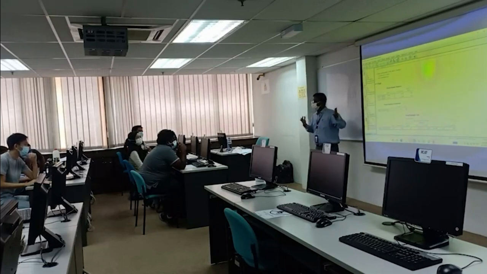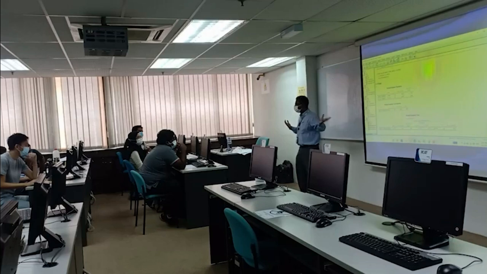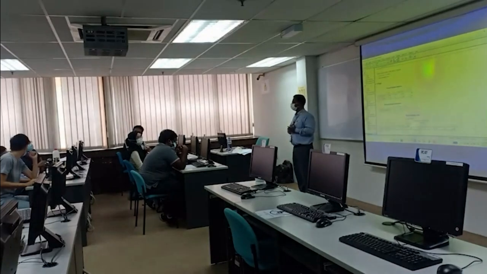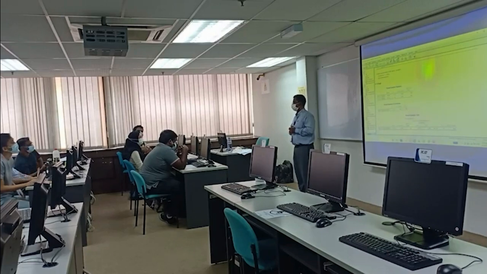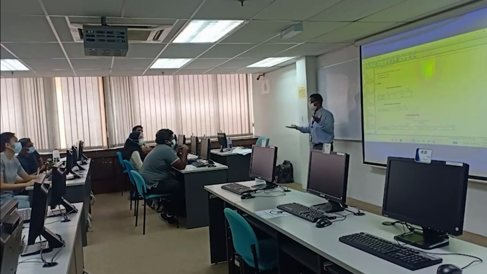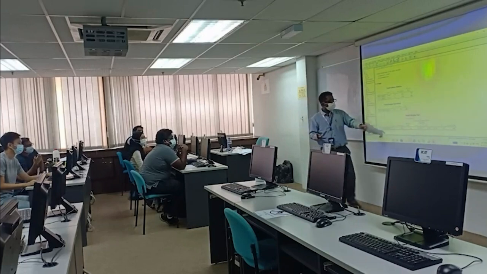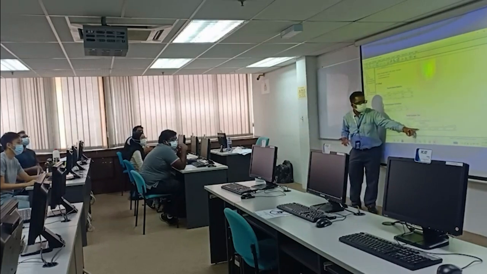How will you interpret this finding? The difference between systolic blood pressure before treatment and after treatment is statistically significant. One way we can say, you can look at the 95% confidence interval of difference also.